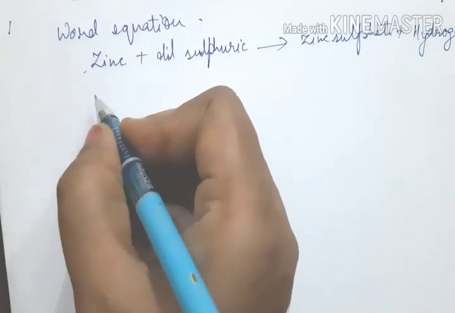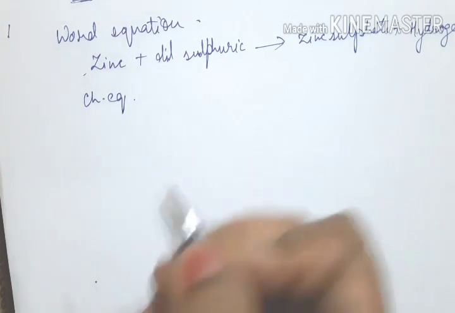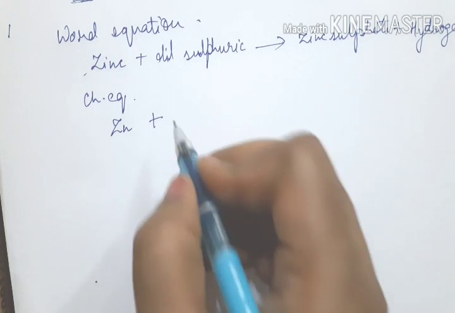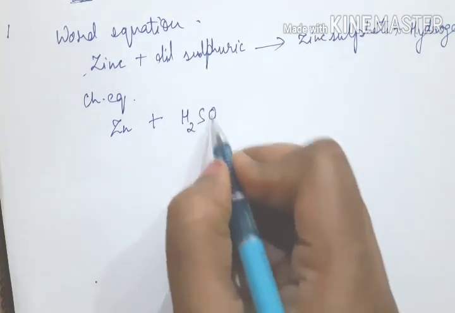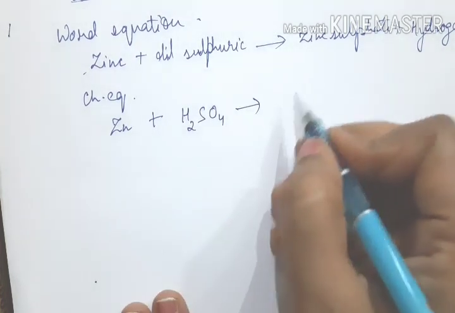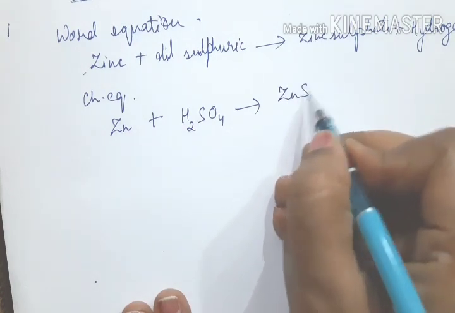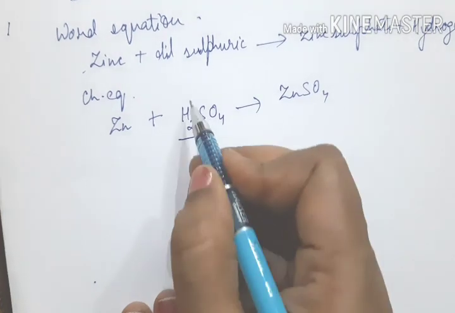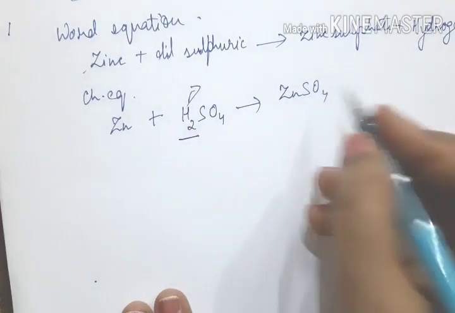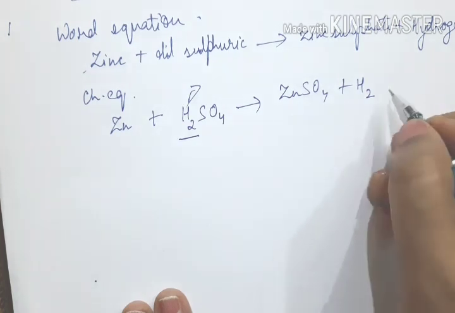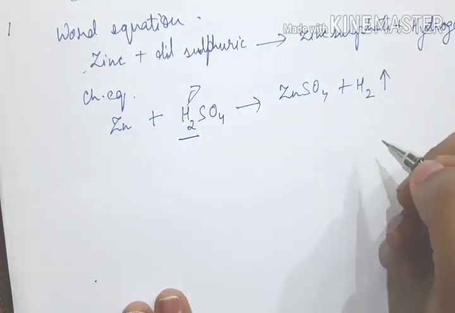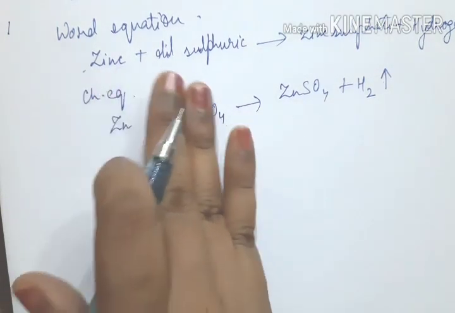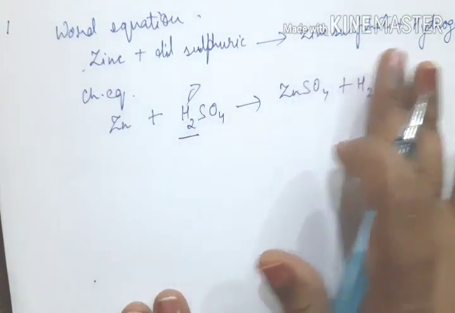Now we write down the chemical equation. What is the symbol for zinc? Zn, plus sulfuric acid, H2SO4. The product formed is zinc sulfate. Now this hydrogen is displaced, and we get zinc sulfate plus hydrogen gas, and this hydrogen gas evolves out. So the reactants are zinc plus dilute sulfuric acid and the products are zinc sulfate and hydrogen.